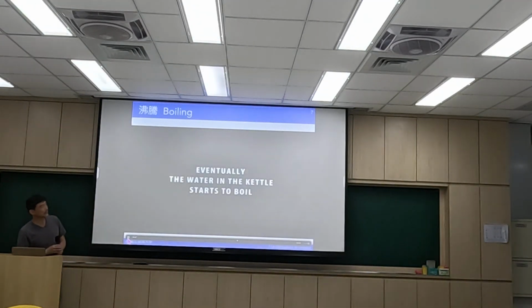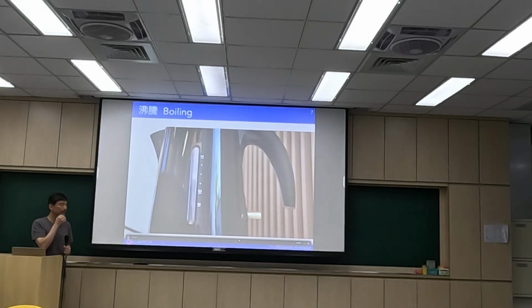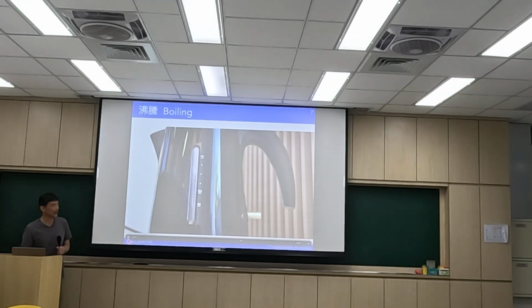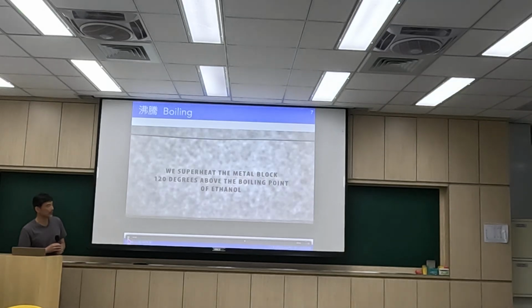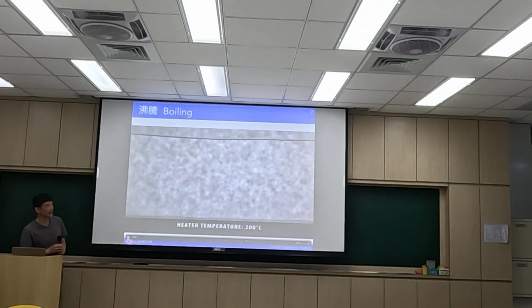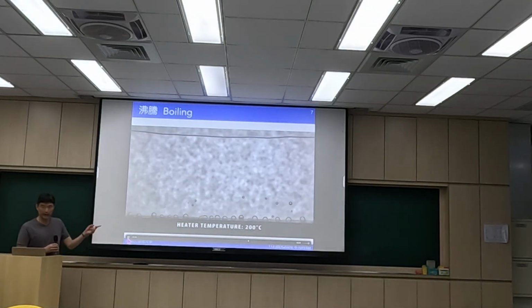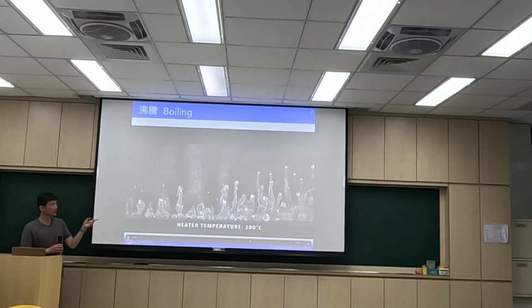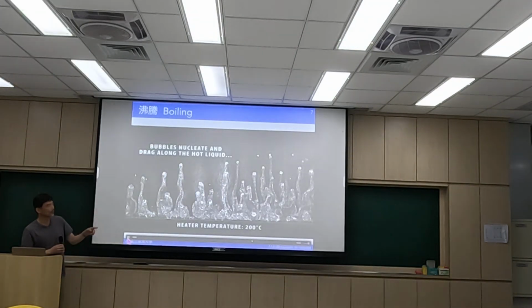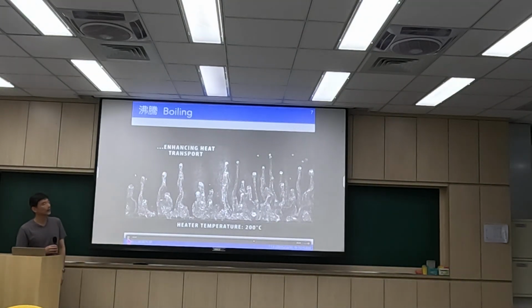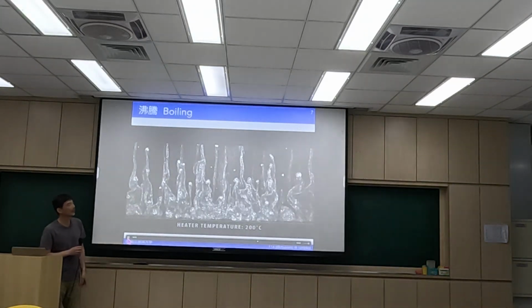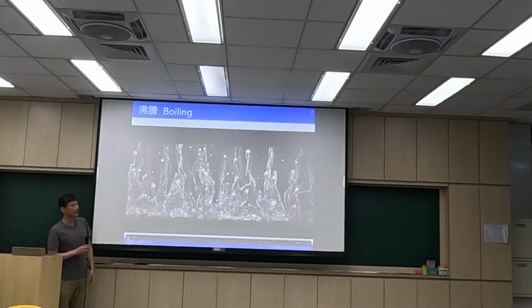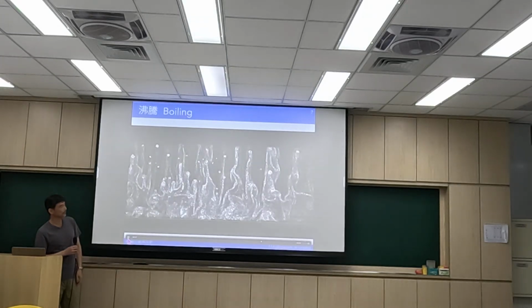Okay, then if you increase the power of heat, you can see boiling instead of natural convection. This is a very typical behavior, as you see. And if you put in, I forgot the name, liquid crystal, then you can visualize the bubble motion.